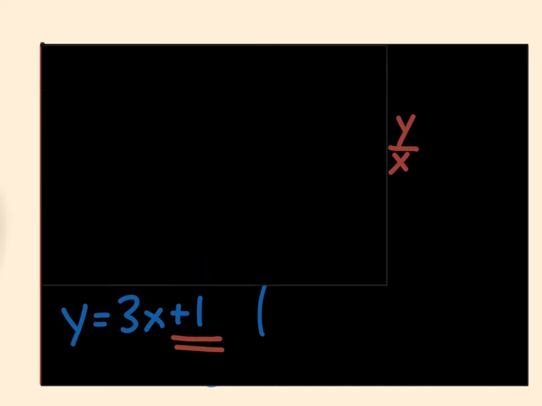So far we've talked about tables, where they give you numbers on top and bottom. When we have this, we just put y over x, and if we constantly get the same answer, it's proportional.